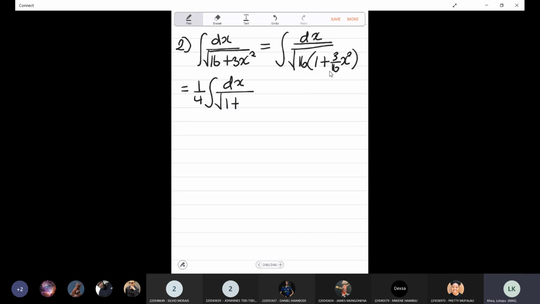So 3 over 16, its square root is the square root of 3 over 4. So this is the square root of 3 over 4 times x, and then the whole thing is being squared, and this is over dx. Oh, dx is in the numerator.